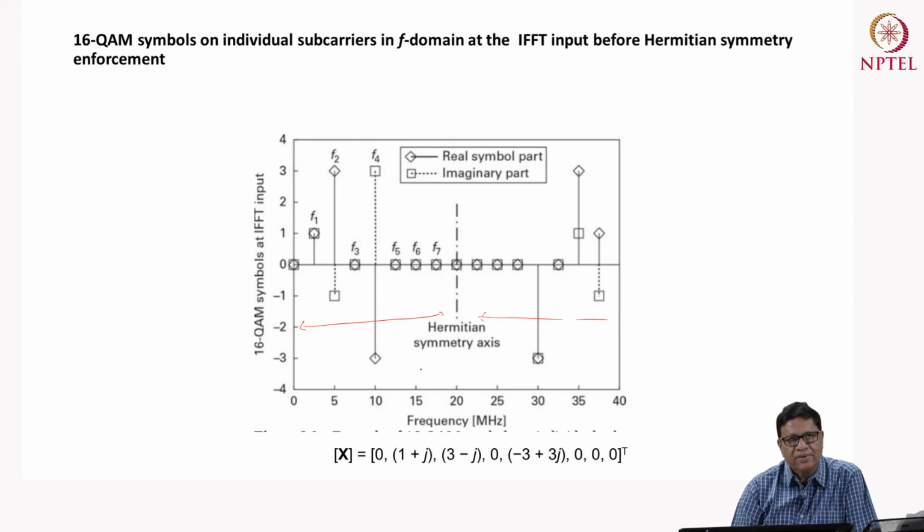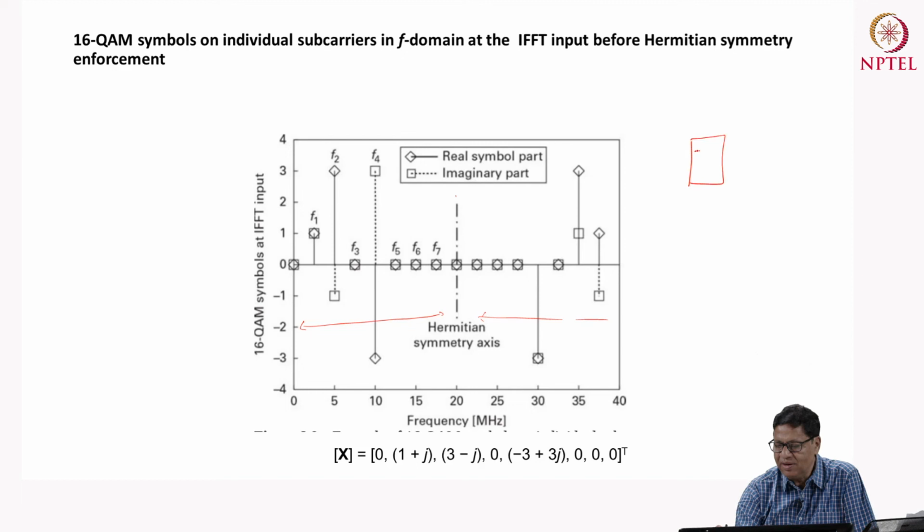They are conjugate. The second half is conjugate of the first half, and x0 and xN/2, they are 0. So this is xN/2, this point, which is a Hermitian symmetry axis, and this is x0. And these are 16 QAM symbols at the input of the IFFT.